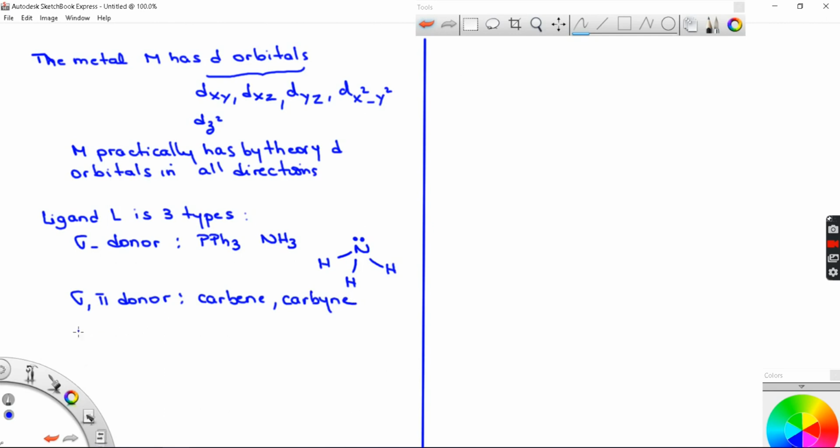And we have ligands that are pi donors, like for example cyclobutadiene or cyclopentadienyl.